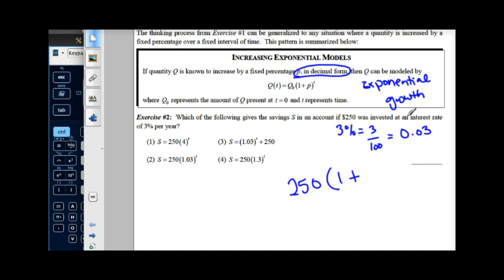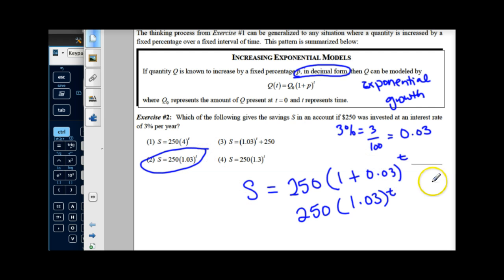So I am going to go ahead and add that. It's always going to be to the T power. So 250 times 1.03 to the t power, which is choice 2. Okay, so remember this formula.